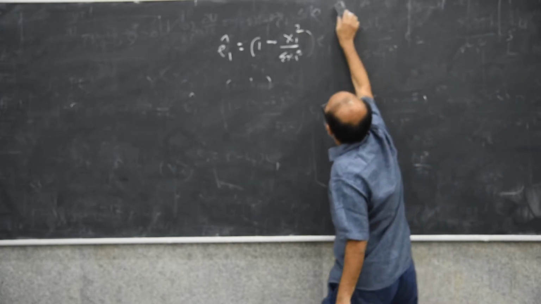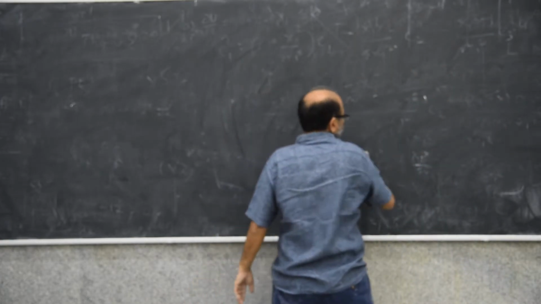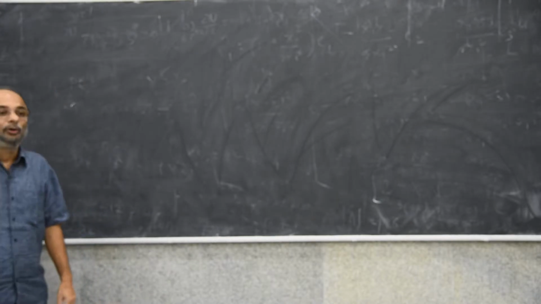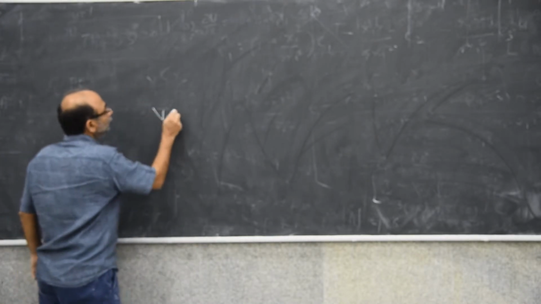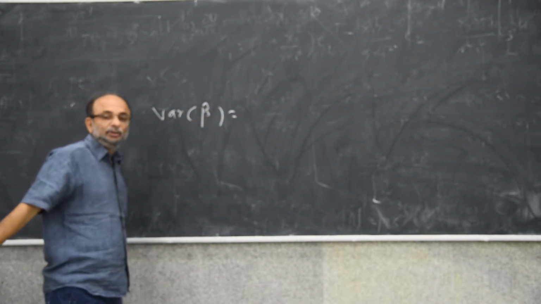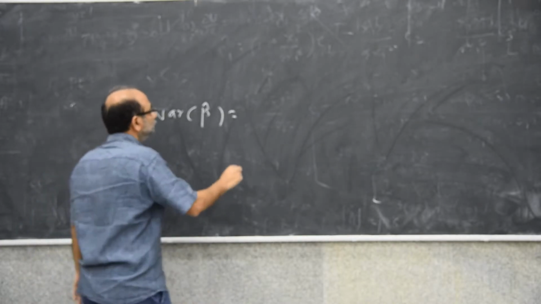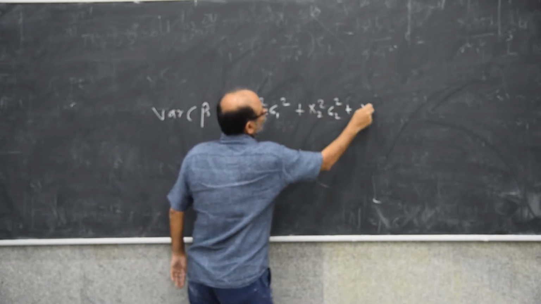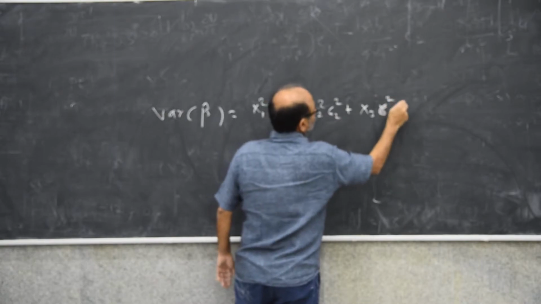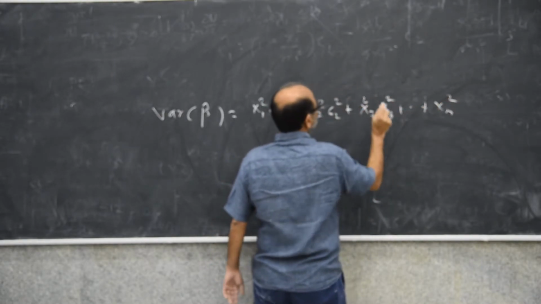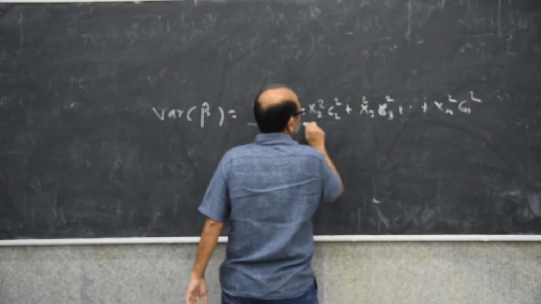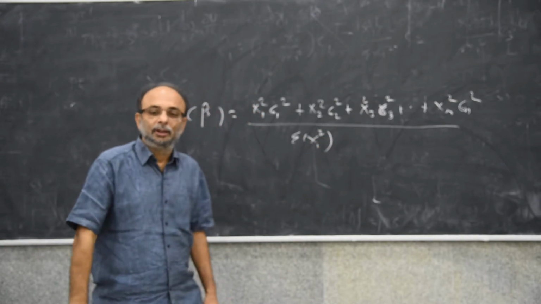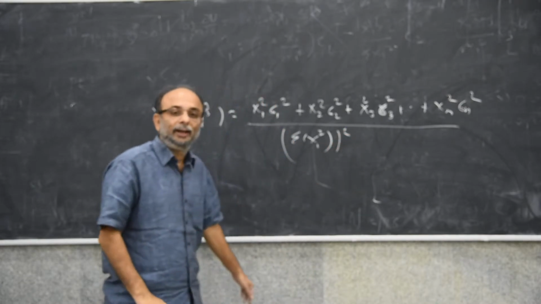If there is heteroscedasticity and no autocorrelation, then the variance of beta hat in our simple model is x1 square sigma 1 square plus x2 square sigma 2 square plus say xn square sigma n square, upon summation xi square whole square.